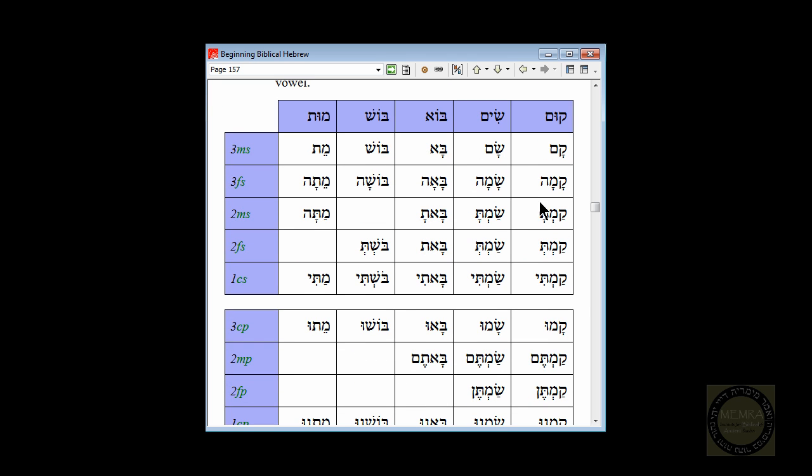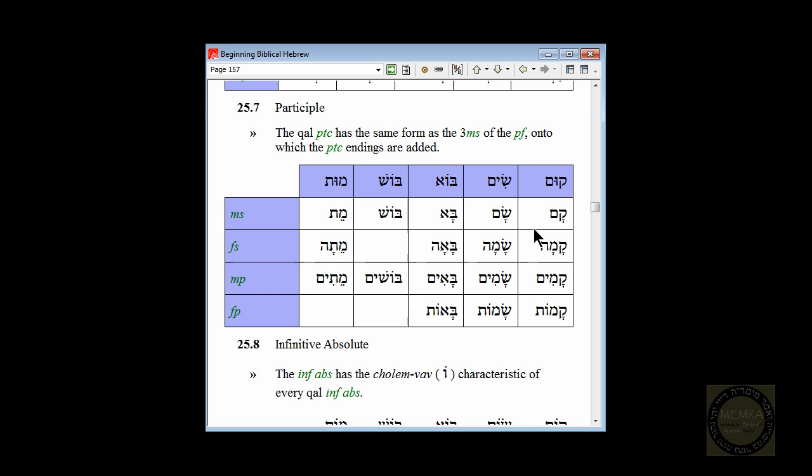Let's go up here again with the perfect. For your singular participle forms, or your two most basic perfect forms, third masculine singular, third feminine singular, they're going to be identical to the masculine singular and feminine singular participle forms. Beyond that, it's an easy tell. You've got the eem ending and the ot ending, which you would expect for your plural participles.